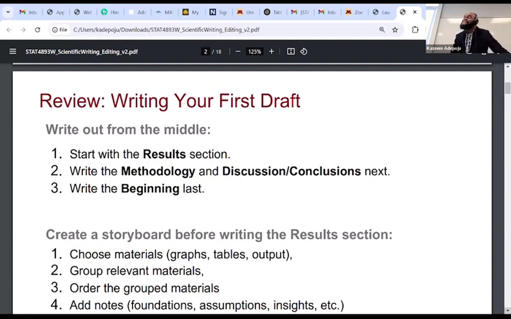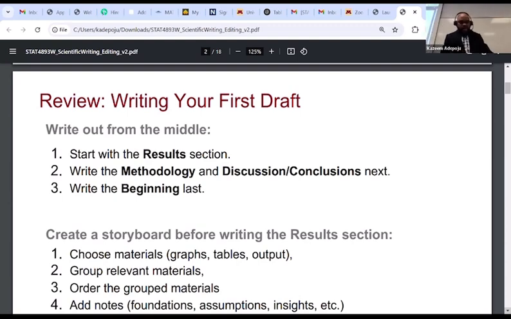When I say scientifically rigorous manuscript, we minimize inaccuracies. Because what we are targeting is how we can minimize our inefficiency in report writing. You can minimize inefficiency in report writing if you adopt what I call the write first from the middle strategy, which is starting from the result section.